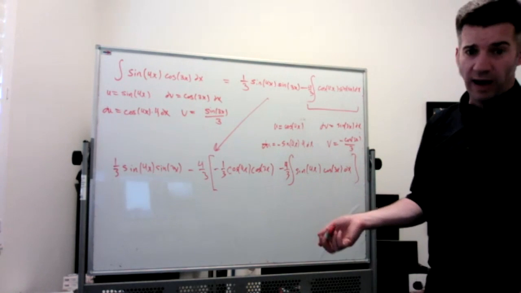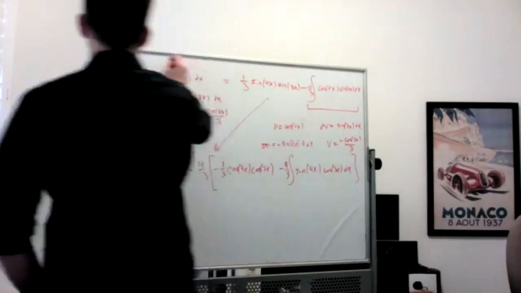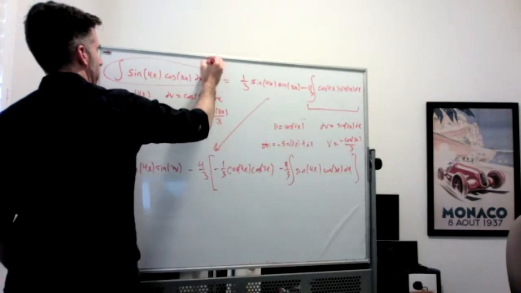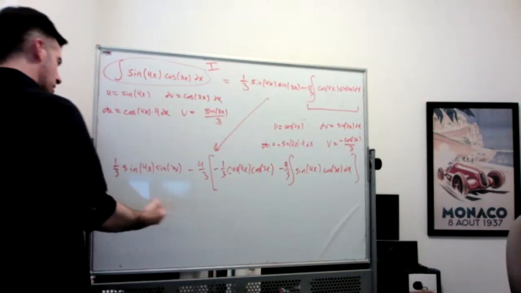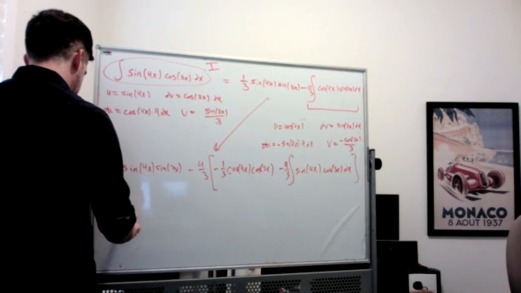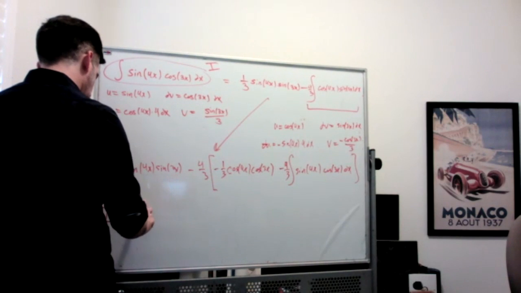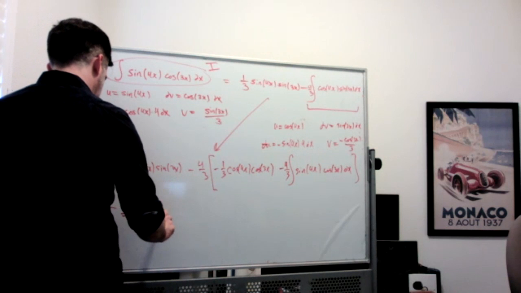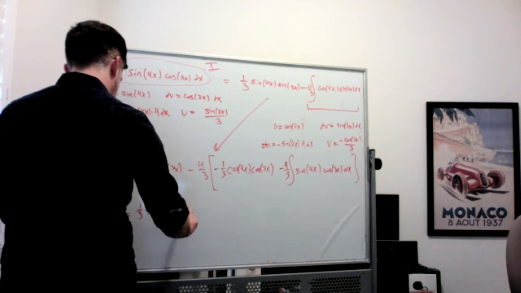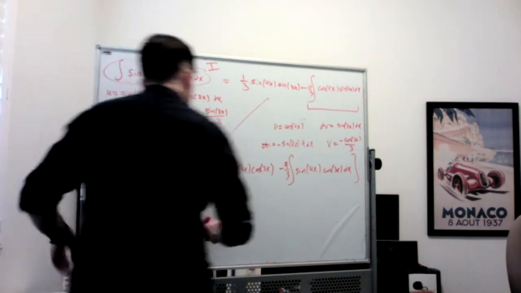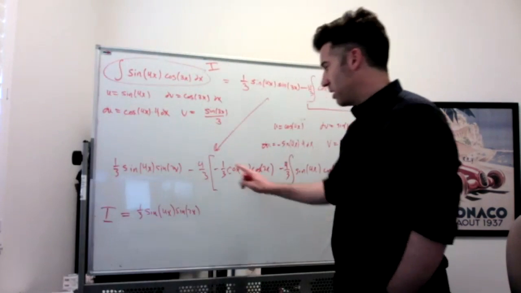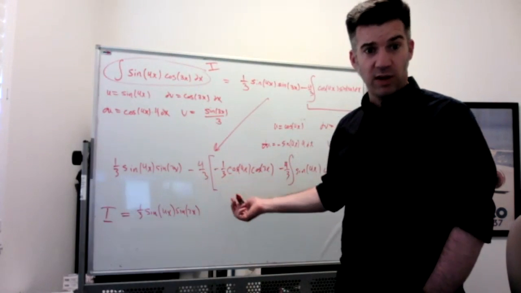All right, so here's what we've got. I'm going to call this integral capital I. So capital I, the integral I just did, is equal to this 1/3 sine of 4x times sine of 3x. And distribute the negative 4/3. Negative 4/3 times negative 1/3 is positive 4/9.